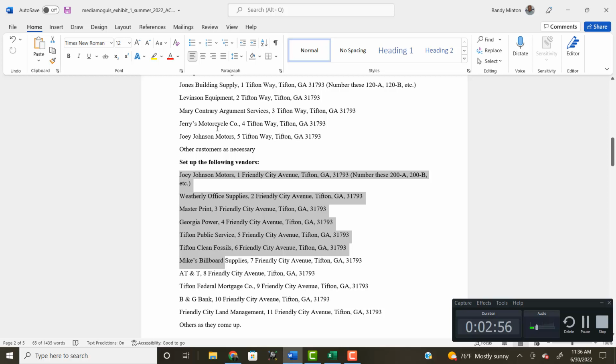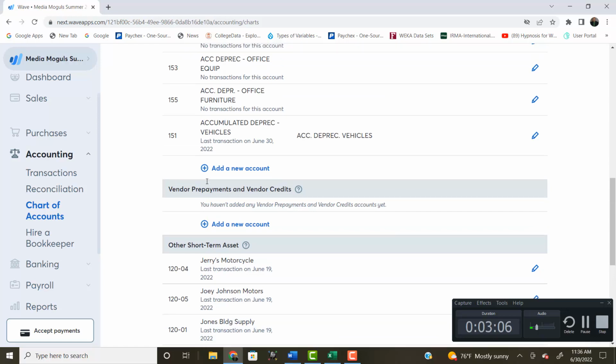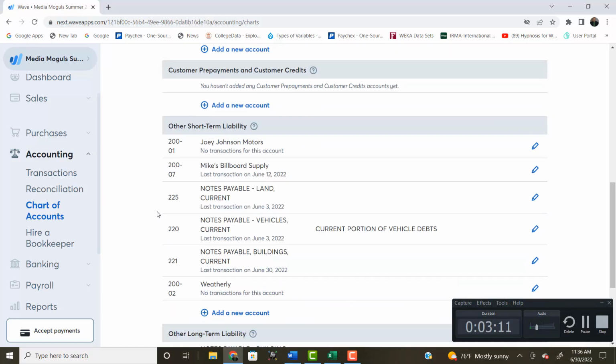So what I did was I added a few of these. I haven't added all of them, but you're supposed to go ahead and add both. Add all of them. If I pop over here to liabilities to show you what I mean, down here in other short-term liabilities, here I added Joey Johnson Motors.